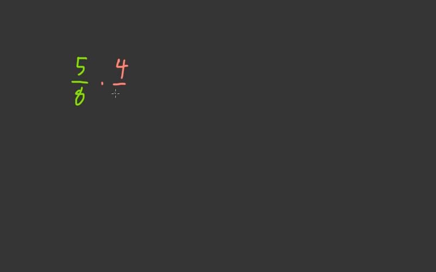Okay, 4/5. So when we multiply those together, we're going to have 5 times 4 is 20, and we're going to have 8 times 5, and that's going to equal 40.